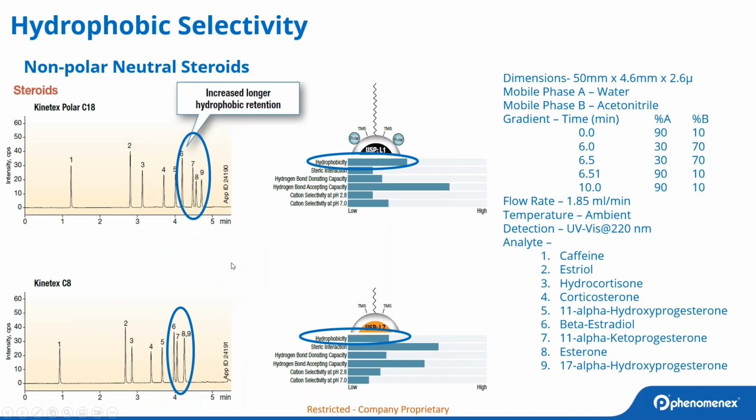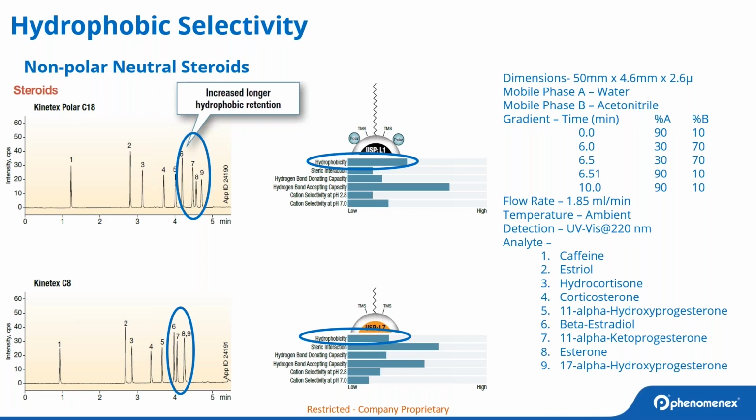Here we have an example of hydrophobic selectivity being used with non-polar neutral steroids. We have a Kinetex Polar C18 at the top, so it's a C18 ligand, and then a C8 at the bottom.